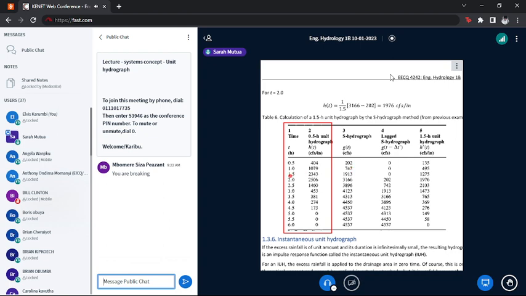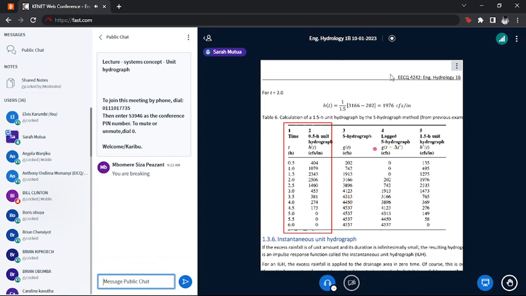For the case of 1.5, G of t is 0.5 times brackets 4 plus 1079 plus 2343, and so forth. I don't know whether that is clear. Then you fill this part.